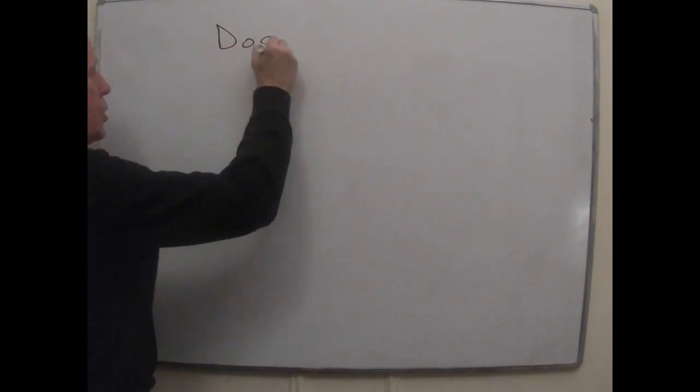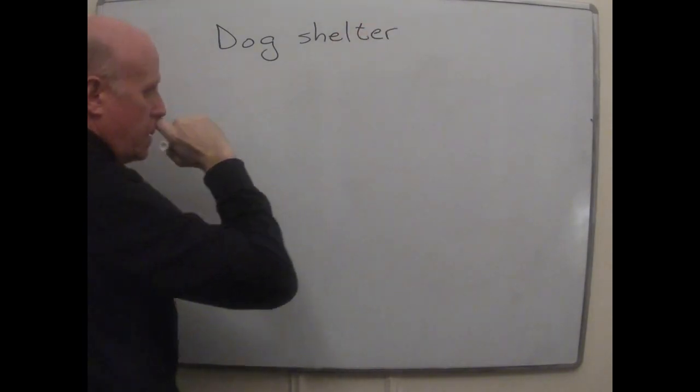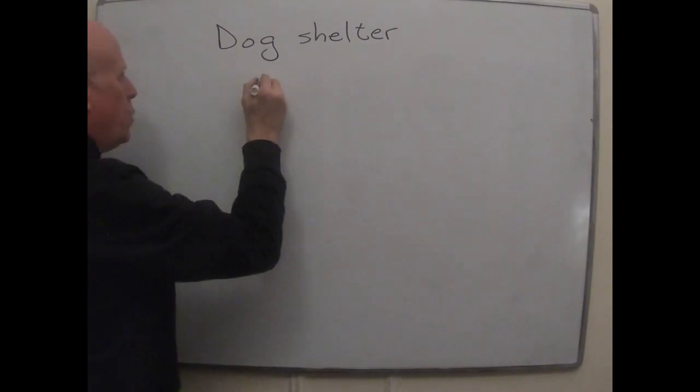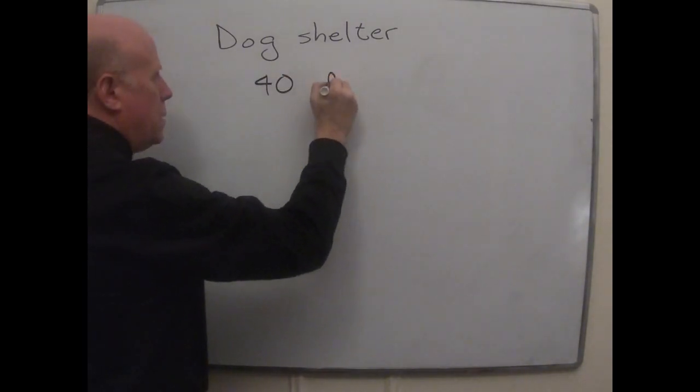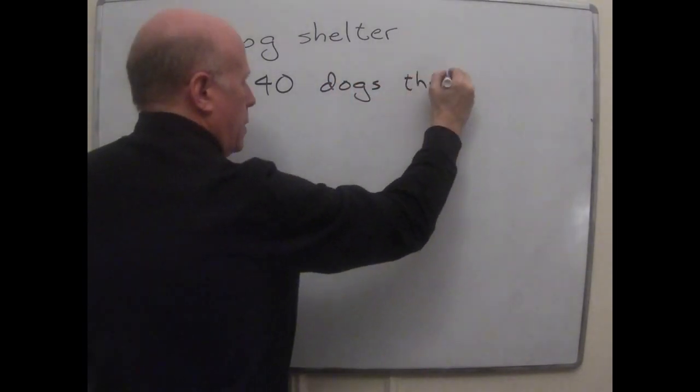Let's think about the dog shelter. There are, say, 40 dogs that have fleas.